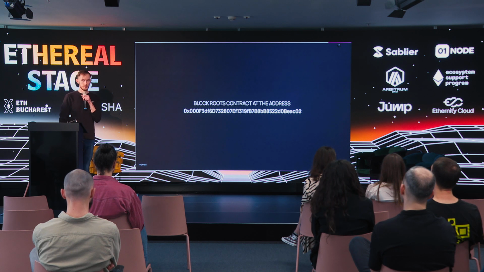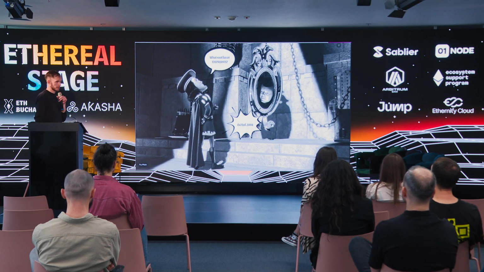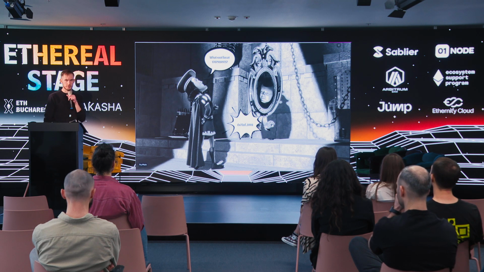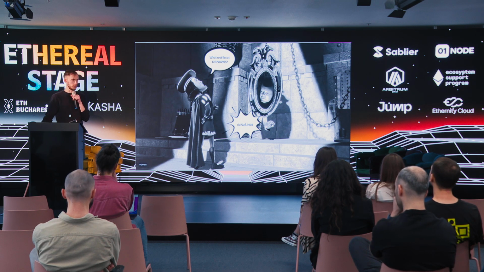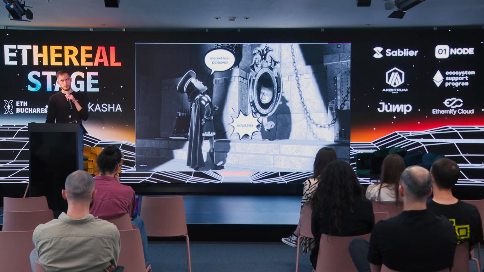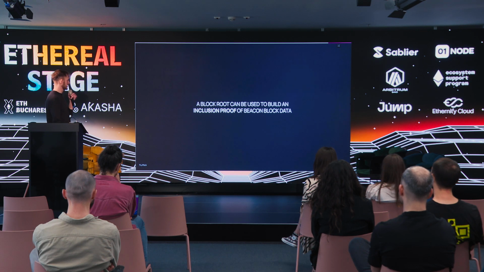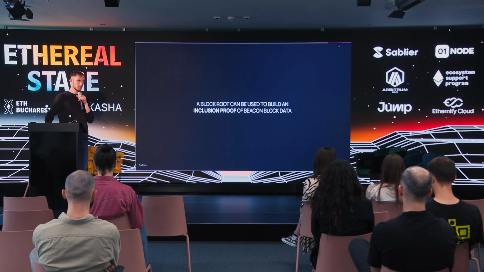It is deployed at a pre-specified address, and it works something like this. You select some timestamp for a slot, you send it to the smart contract, and you receive the corresponding block root, or it reverts, it depends. And the handy thing is that the block root can be used to build an inclusion proof of beacon block data.